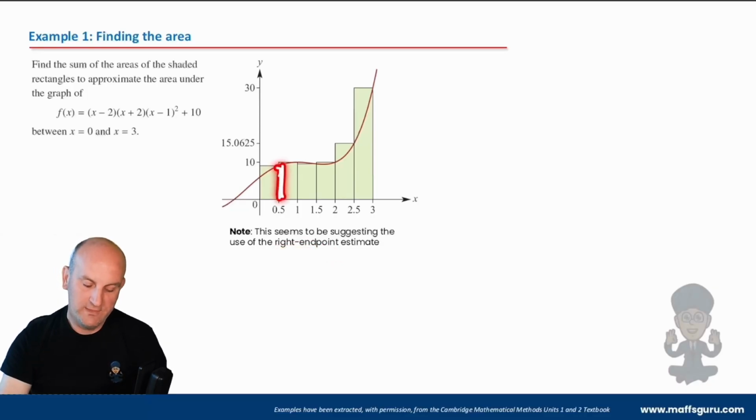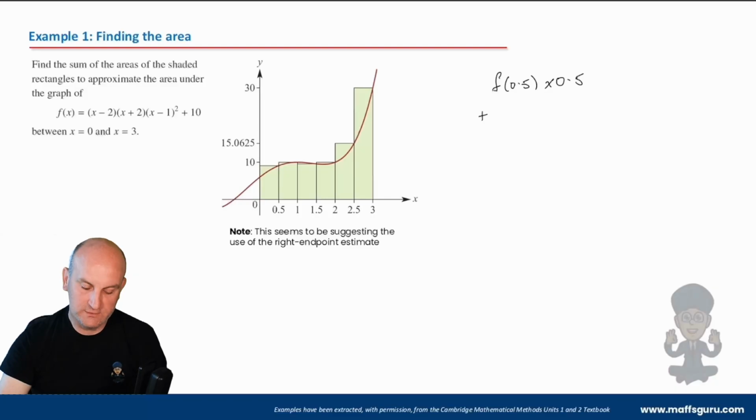We've got this rectangle here, which is going to give me a right endpoint at 0.5. So I'm basically going to do the function of 0.5. What does that give me? That gives me this height here times 0.5. And I'm going to add that to what?